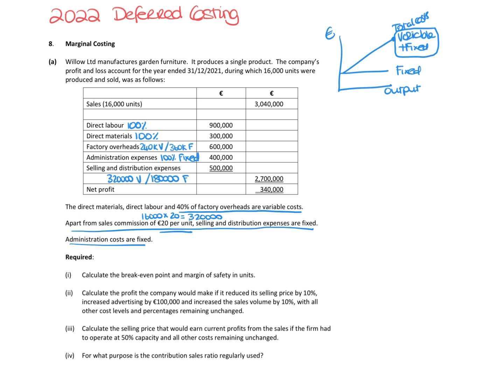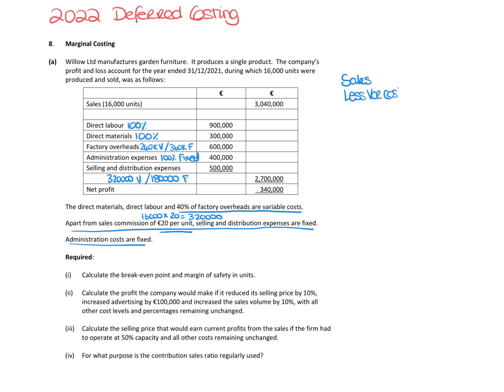Every time we do one of these marginal costing questions, we have to do a marginal costing statement first of all. It's going to take us a few minutes, but it's something that you just have to do, and then you refer back to that when you're doing all of these questions. So let's get stuck in. The marginal costing statement, we will have this layout: sales less variable costs.